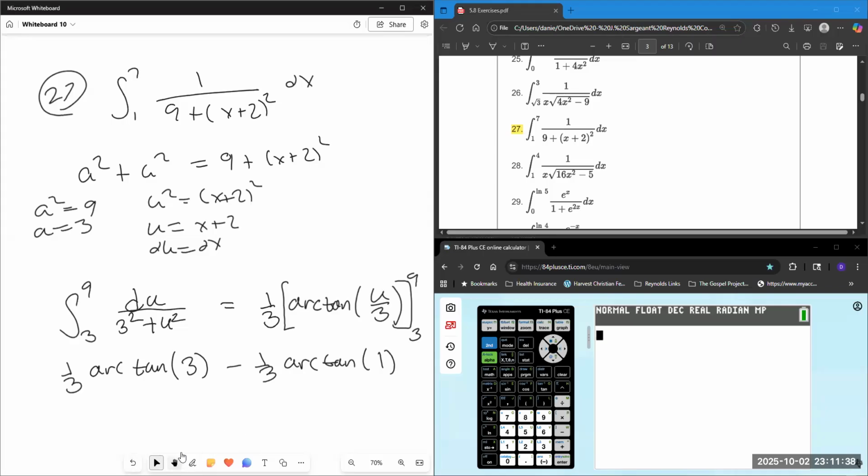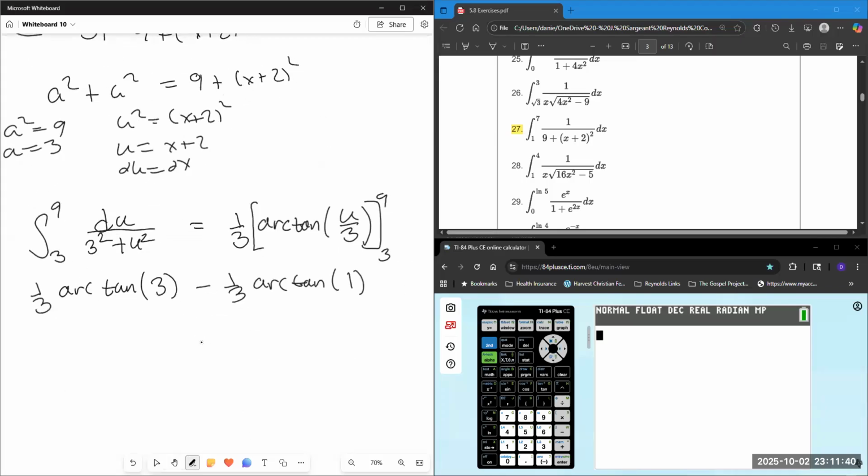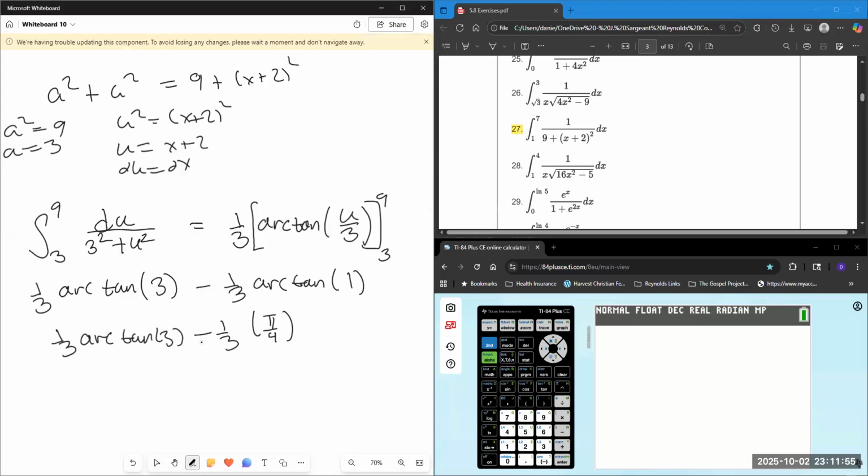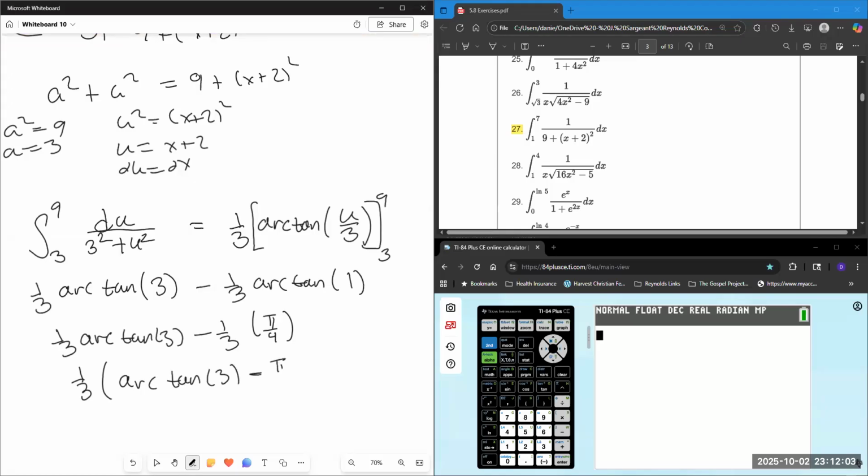Well, I know that this is pi over 4, and this is 1/3 arc tangent of 3. So this is 1/3 of the quantity arc tangent of 3 minus pi over 4.